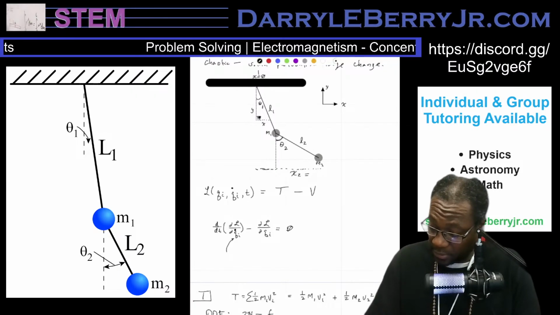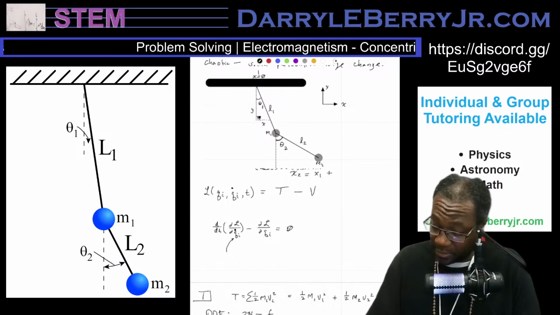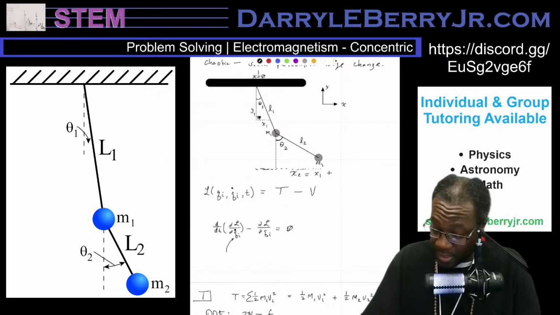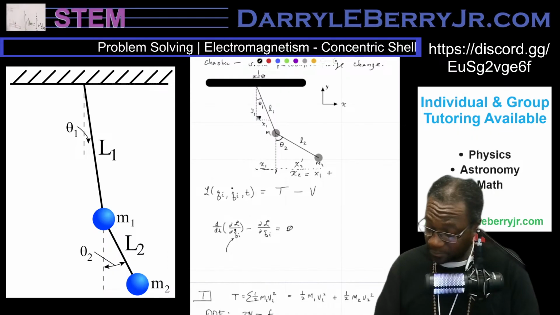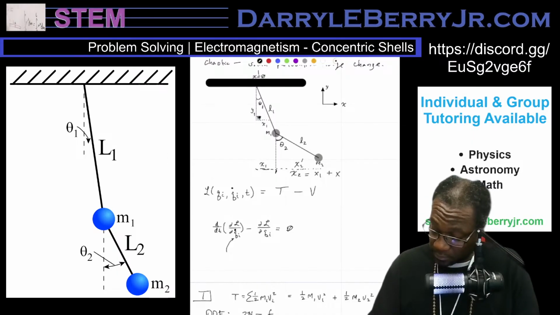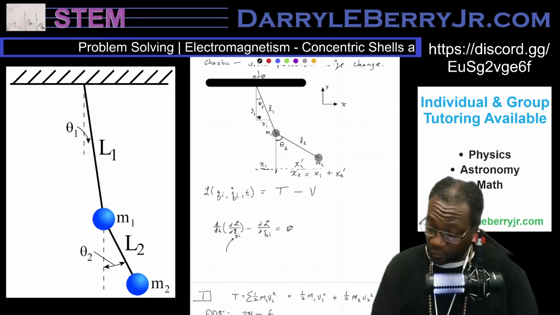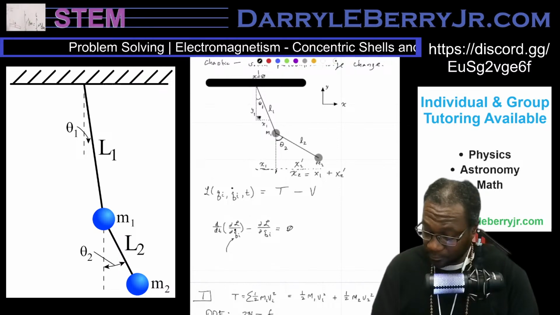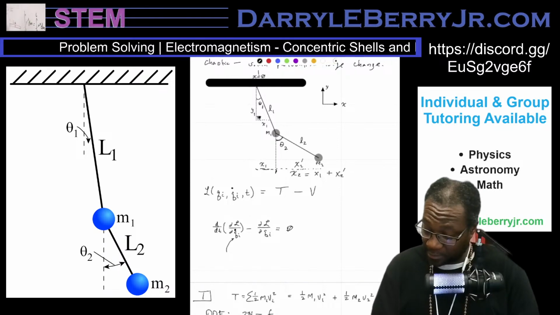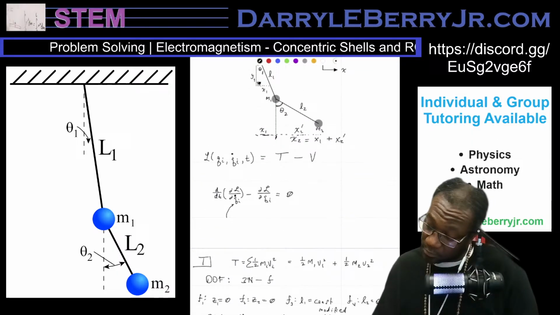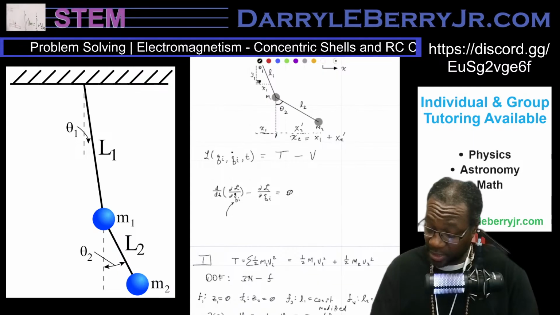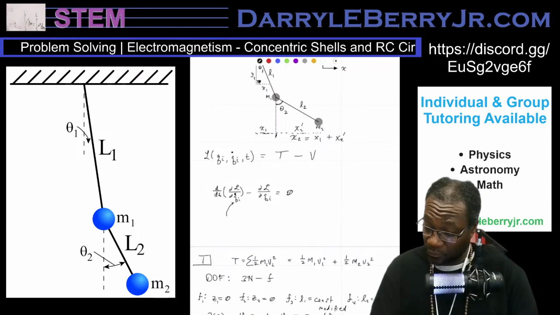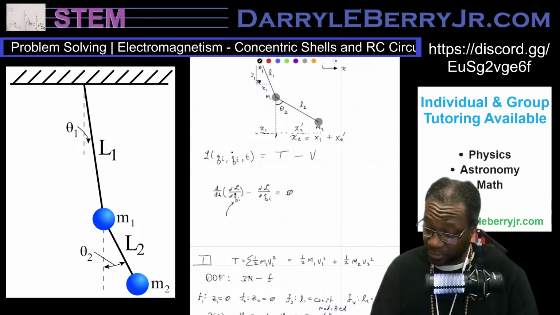So x2 equals x1 plus, so this is still x1, y1. This is x1. We'll call this x2 prime. So x2 is x1 plus x2 prime. And we can see that x2 prime, we can say sine of theta 2 is x2 prime over L2. So x2 prime is L2 sine of theta 2.